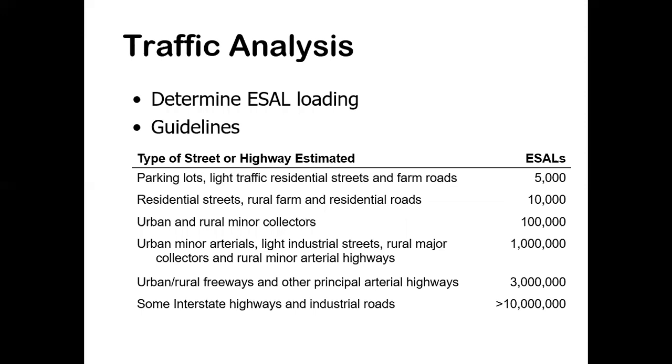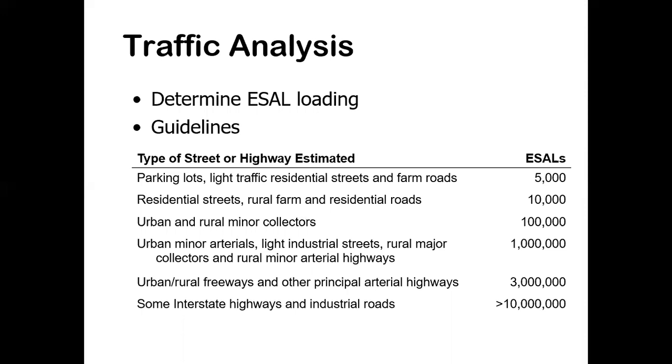For doing traffic analysis, we adopt the same method as we do in calculating equivalent single axle load of 18 kips using AASHTO 1993 method protocols, and that is to be done all the time.